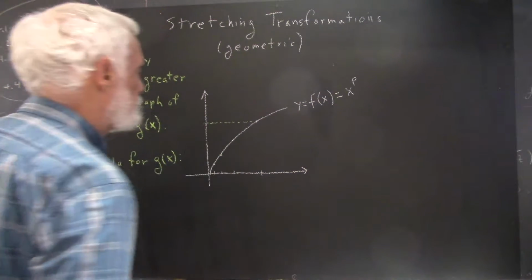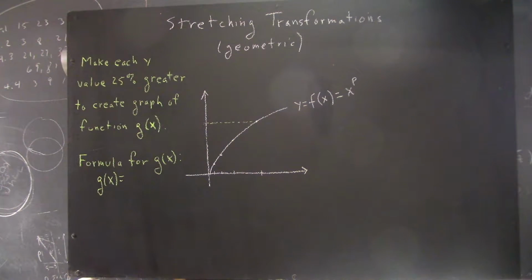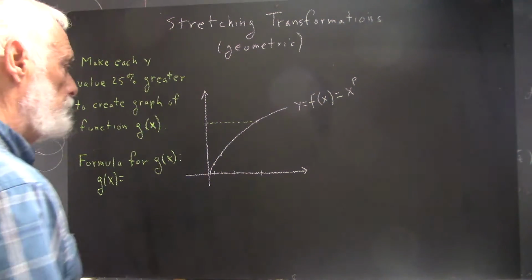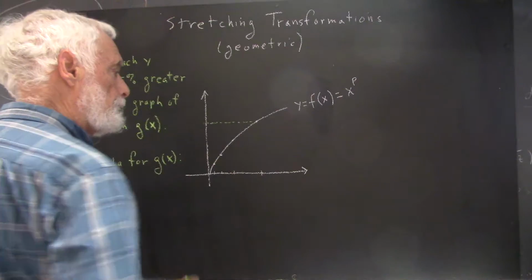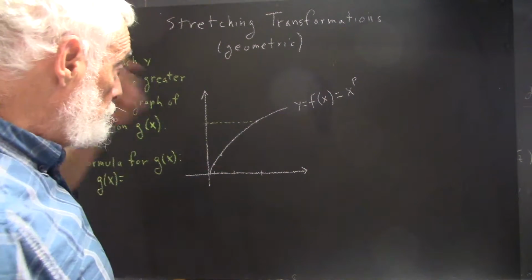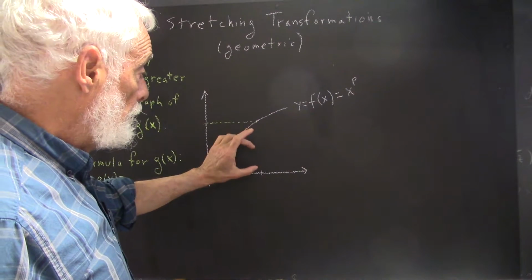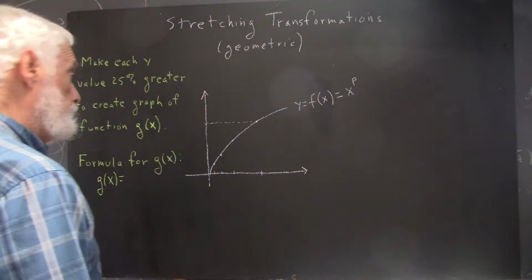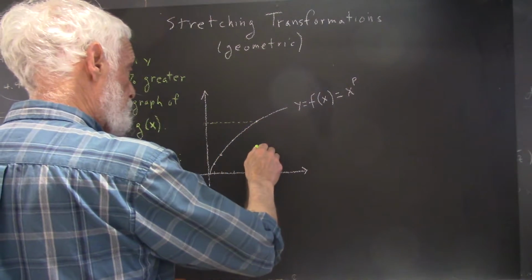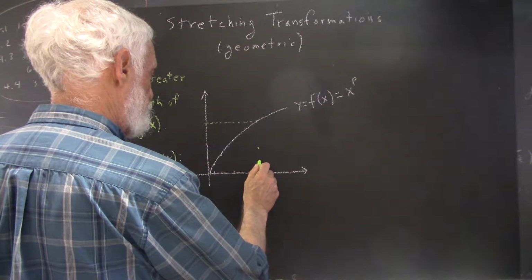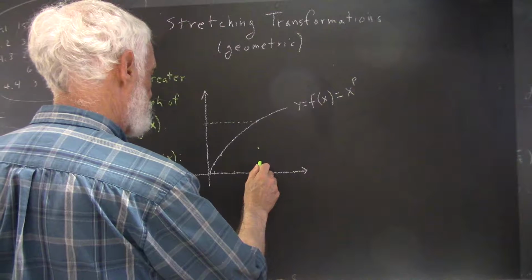Okay, now 25% is 1/4. And we can actually construct this geometrically. We can use a straight edge and a compass to bisect the interval from here to here, and then bisect that interval. So if we bisect the interval twice, we're going to get a value here, and we're going to get a value here.